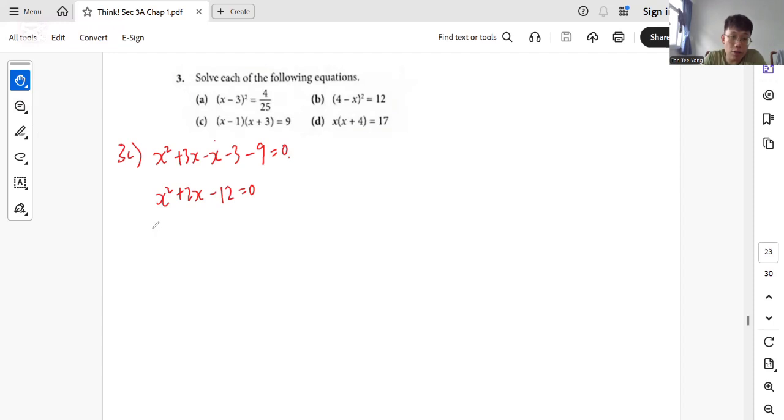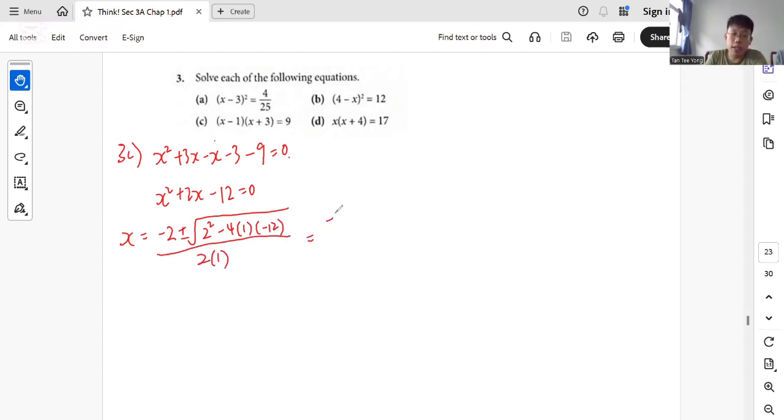In this case you can do completing the square or quadratic formula, but I prefer quadratic formula because it's way faster.